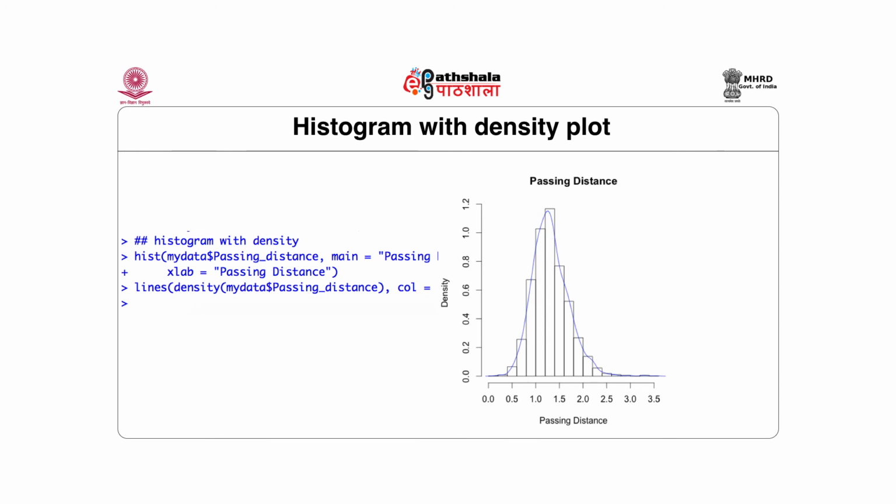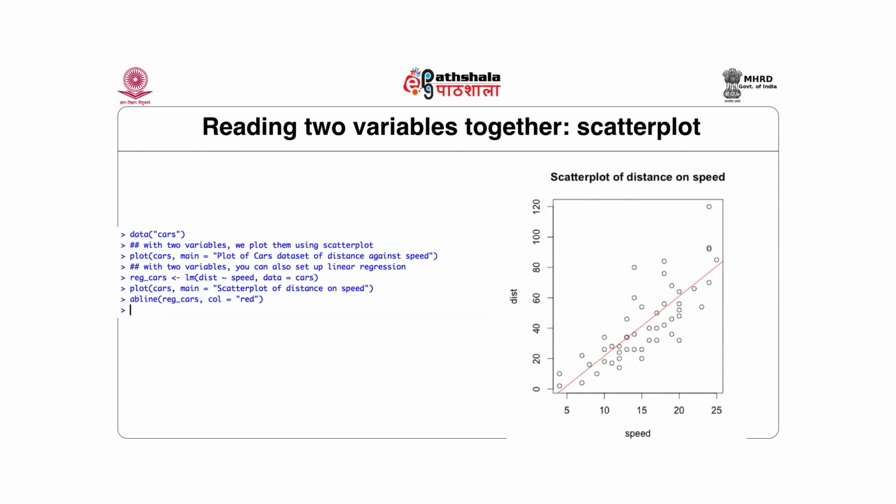The last thing that we're going to show here is that you could get a visual summary of two variables together using nothing but a scatter plot and a linear function to show how they're associated with each other. This time we have used an inbuilt dataset called cars, and we've used it to show that distance and speed are related to each other. A very quick way to do that is to show their relationship to each other.